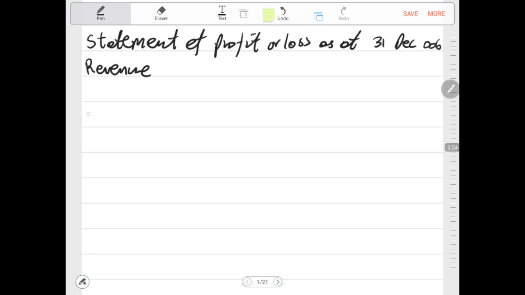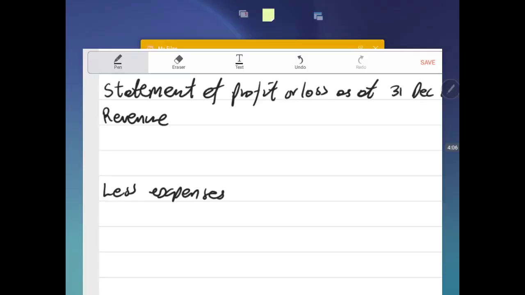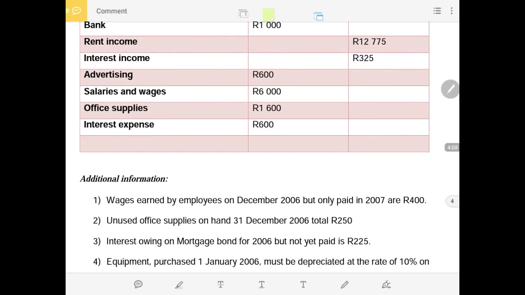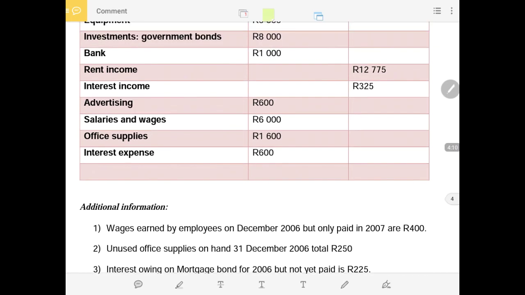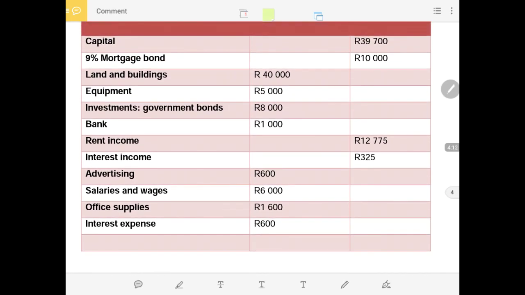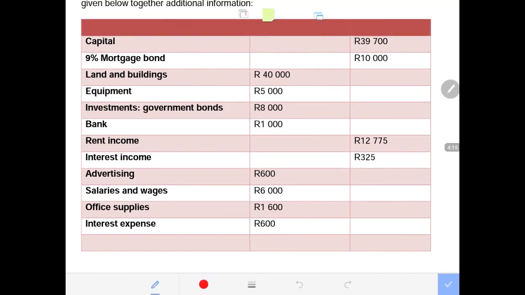Then after that we deduct expenses. There might be 2 types of revenue. Remember, we are dealing with a service entity. Let me check which types of revenues we have. There might be 3 types of revenues. As I said to you, I first have to record all the information that is from a trial balance.